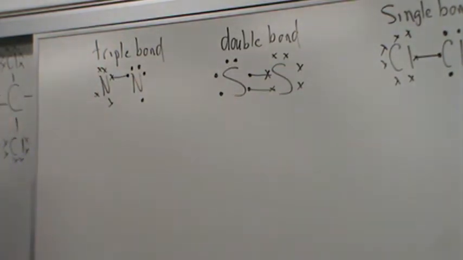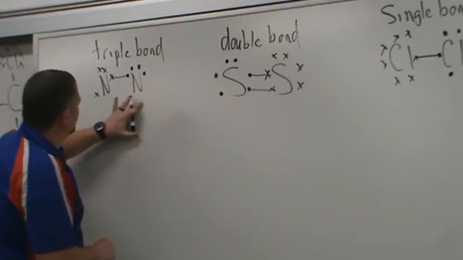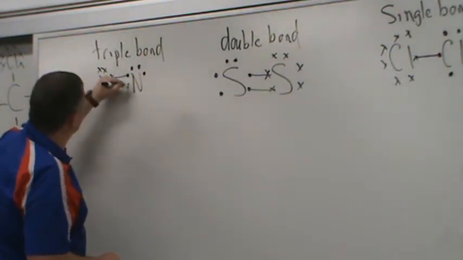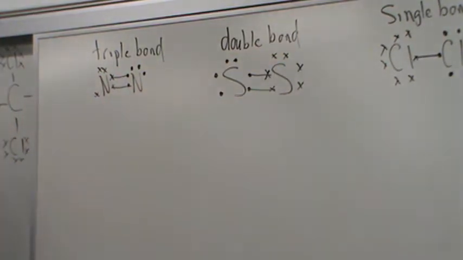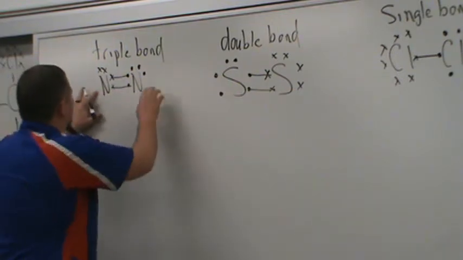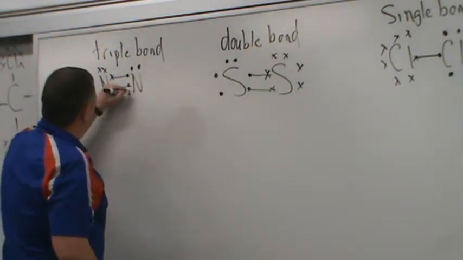How many electrons does each nitrogen atom now have? 6. Does everybody see that? Okay. Let's take another set of unpaired electrons and make a double bond between the nitrogens. Now how many electrons do they have? 7. Then take our last set.